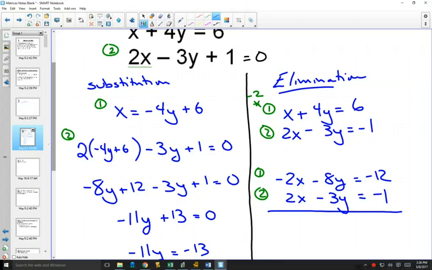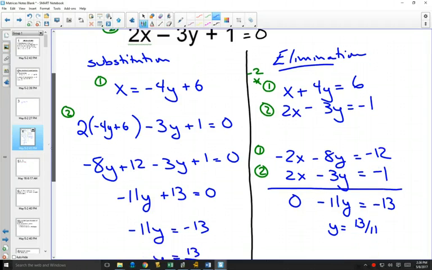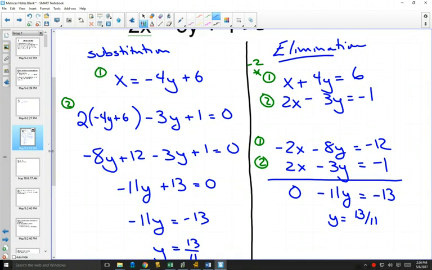When I add my columns, all my x's go away. And I'm left with negative 11y equals negative 13. Divide both sides by negative 11, and we get 13 over 11 for y, the same thing we found with our substitution method.